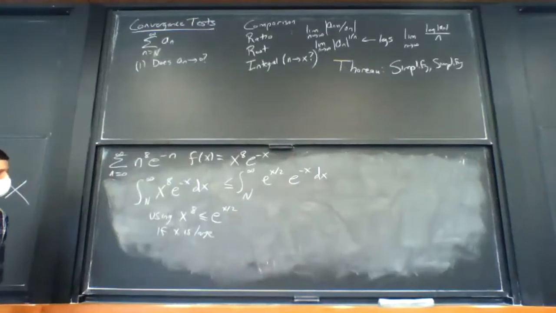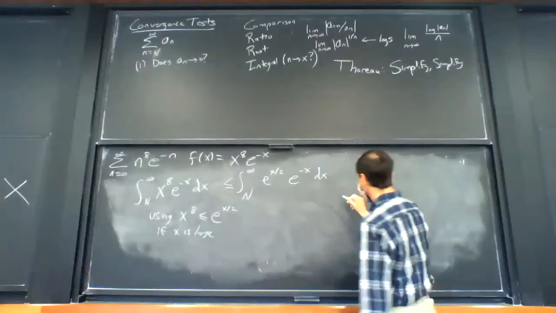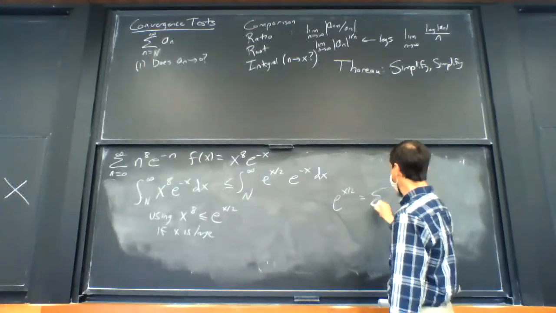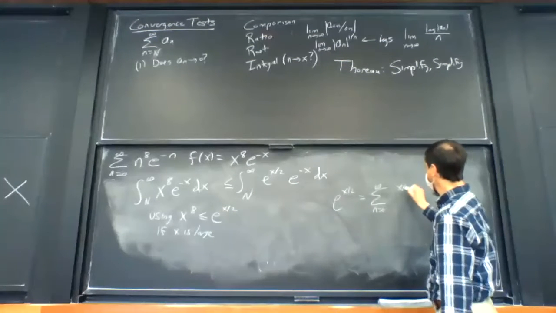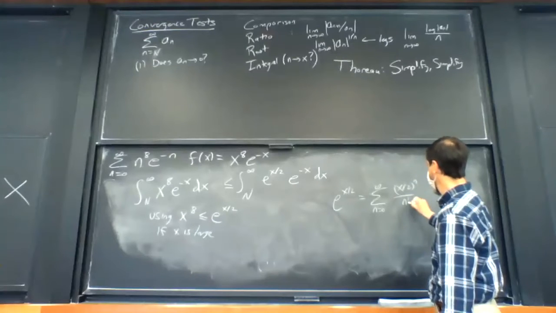How do you know that x to the 8th is less than e to the x over 2? Experience. So this is similar to what we've done before. I know e to the x halves is equal to the sum from n equals 0 to infinity of x halves to the n over n factorial.